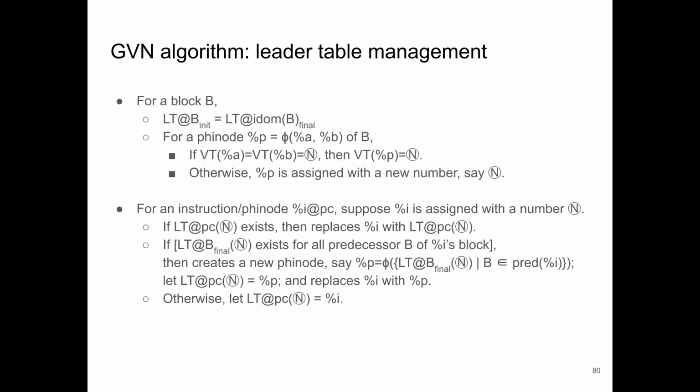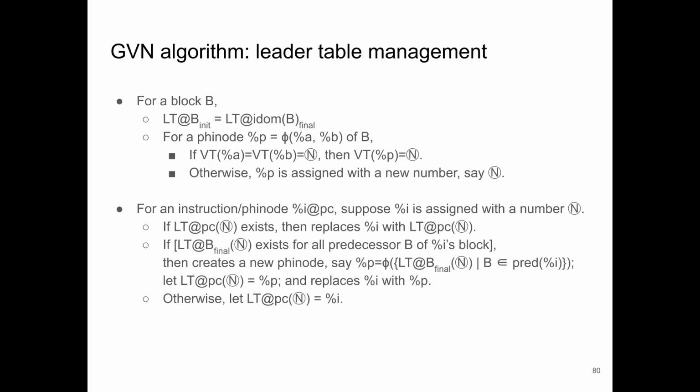And for each block which is traversed in the RPO, let's say that we are going to process a block B. And we need to initialize the leader table for the block B, right?